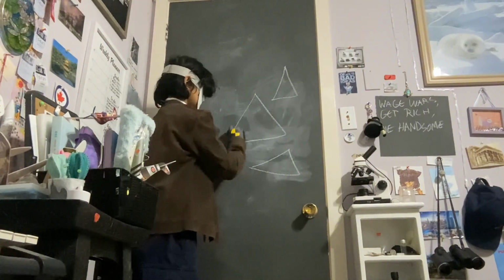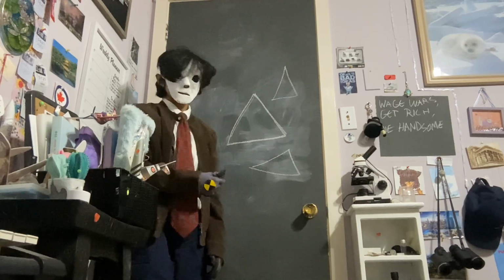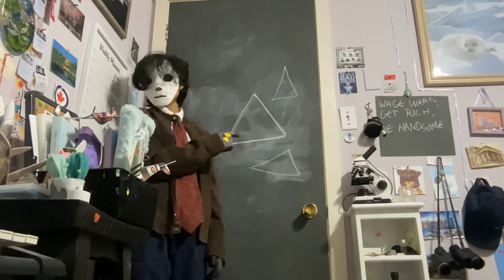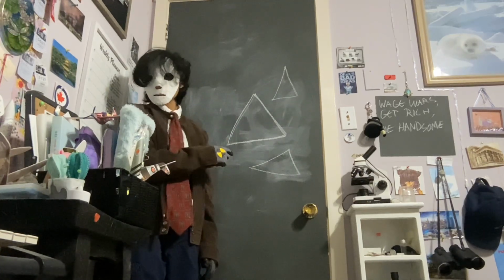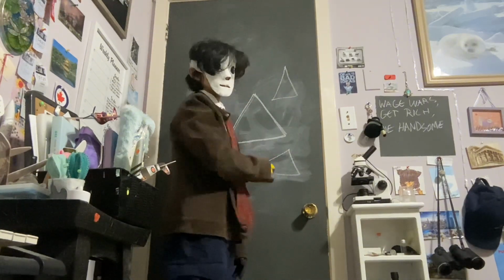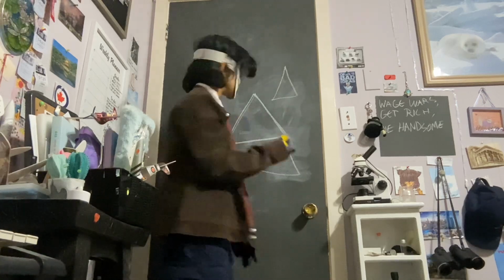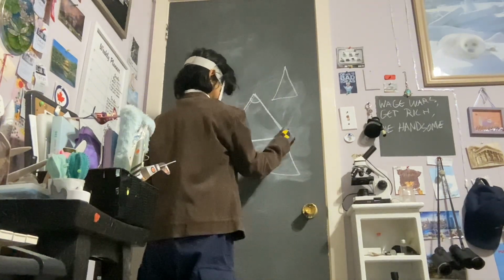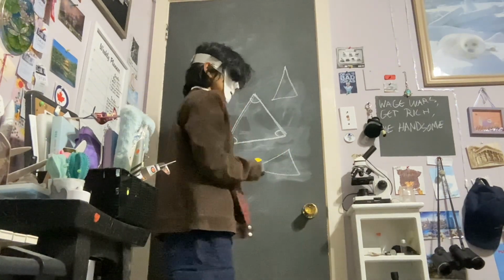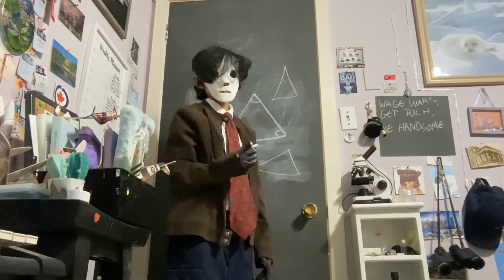Hold on. I don't think you can see this one, right? I think that's better. So all of these are basic triangles. The equilateral, it's in the name. All of the sides are equal. Pop quiz, what's 180 divided by 3?